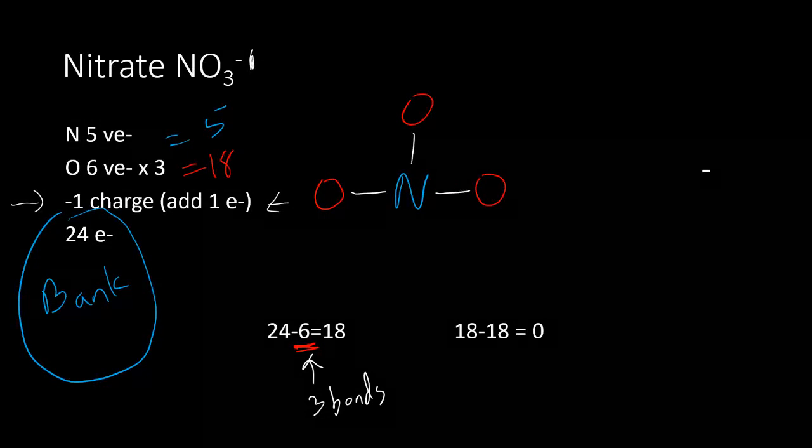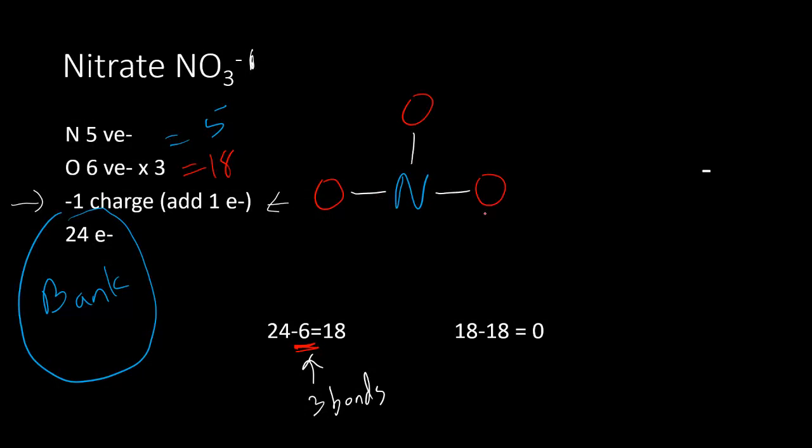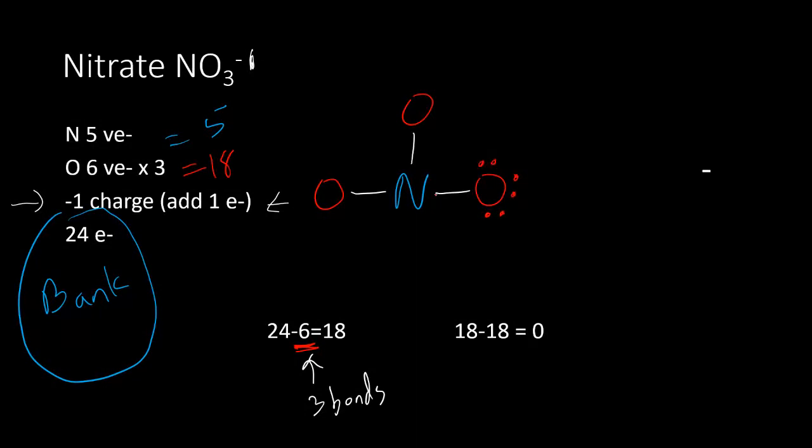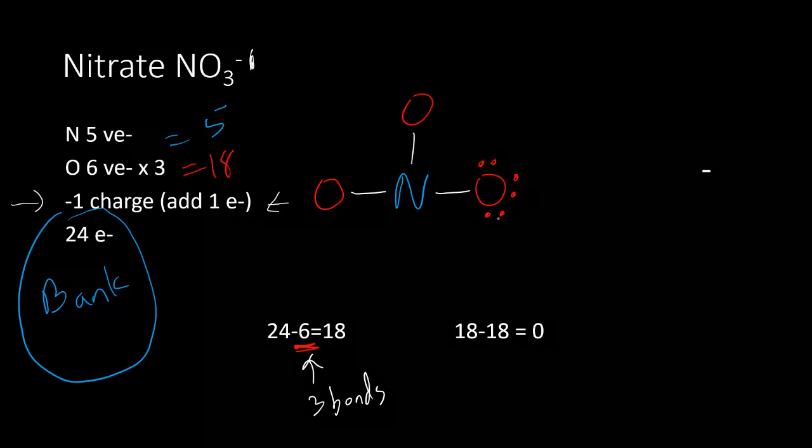Now, each oxygen already has 2 electrons from the bond. So when oxygen needs an octet, which is 8, you only need to add 6 more because it's got 2 from the bond. So here the bond is giving it 2.